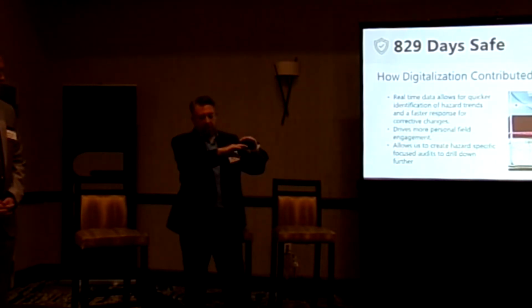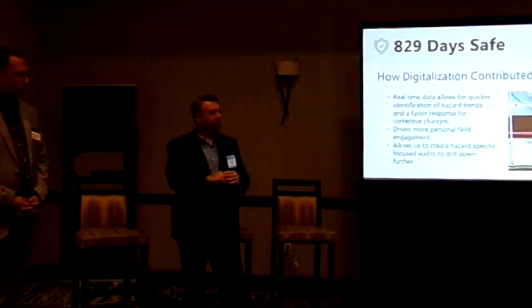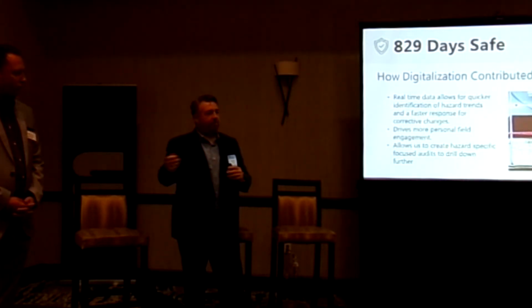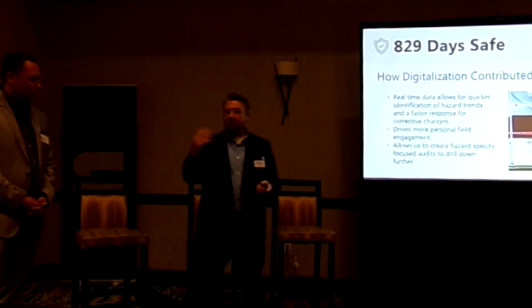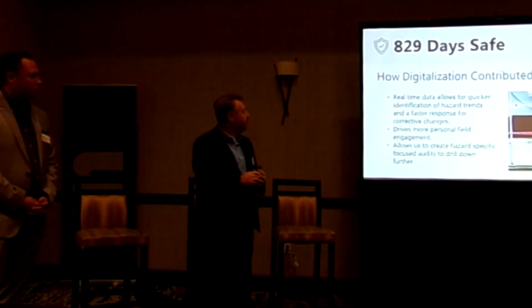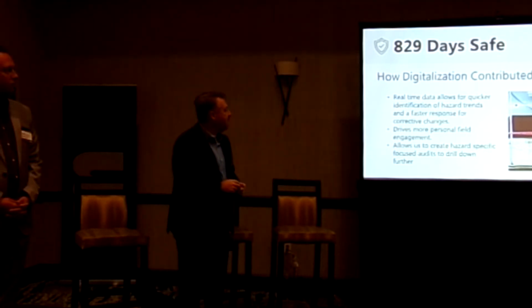And we have a couple different levels of recordables: higher recordables, life-altering type recordables, and then just your basic run-of-the-mill fracturing a wrist type recordable, not life-threatening or serious, but it still classifies as a recordable. But it's been about 836 or 37 days since we've had one in the 3 areas that I work mostly in.